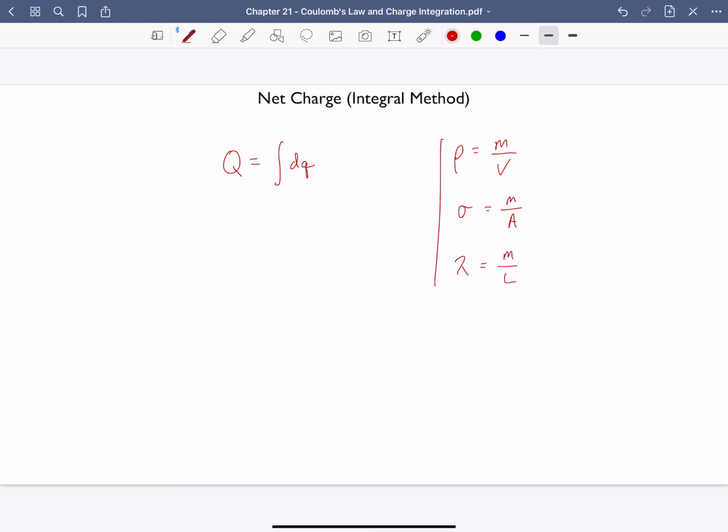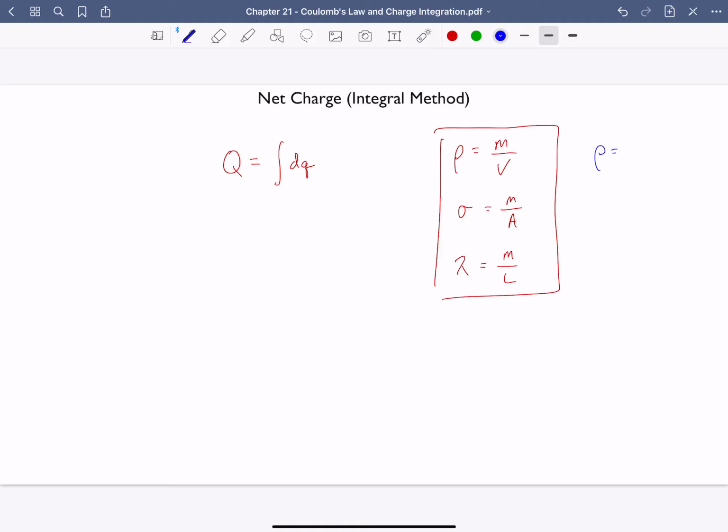So these three definitions of density are what is going to allow us to link together this concept and idea of, well, what does this little piece of charge look like compared to an actual physical length? So those would be if we were trying to find mass. But what if we want to find charge? Well, we can define exactly the same things.